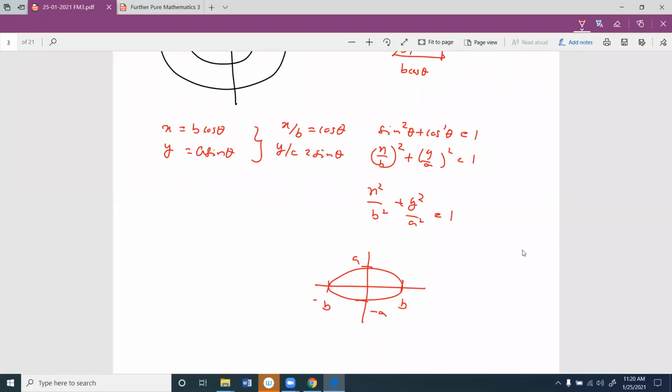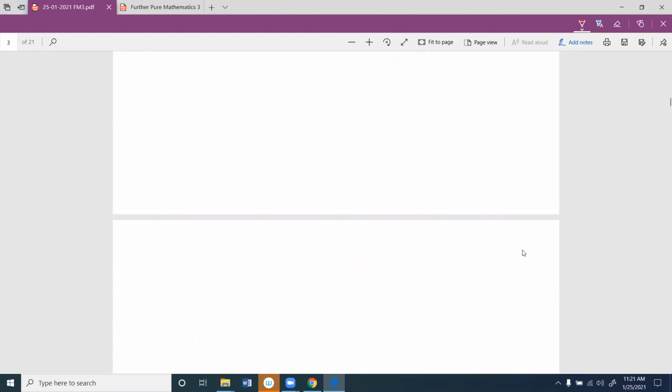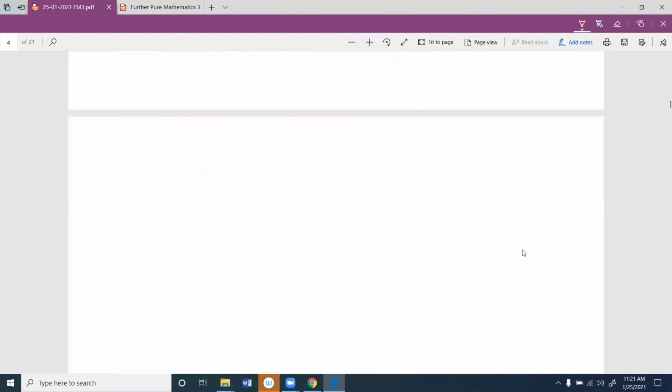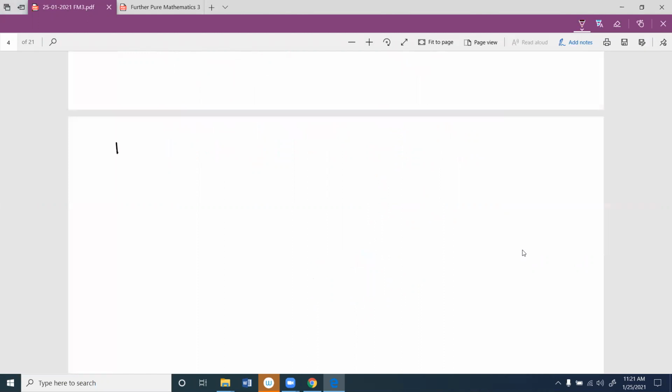Yes. Those are the main things we should know about the ellipse. Then the next theory we need to understand is about the hyperbola.